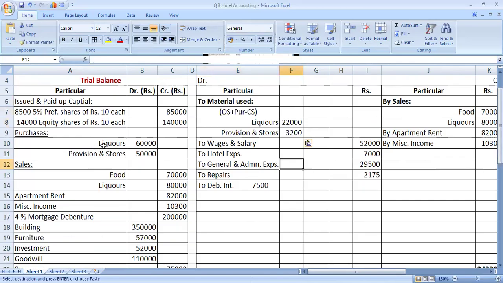Then items under purchases, liquor 60,000, provision and store 50,000. Add in opening stock: liquor 60,000, provision and store 50,000.